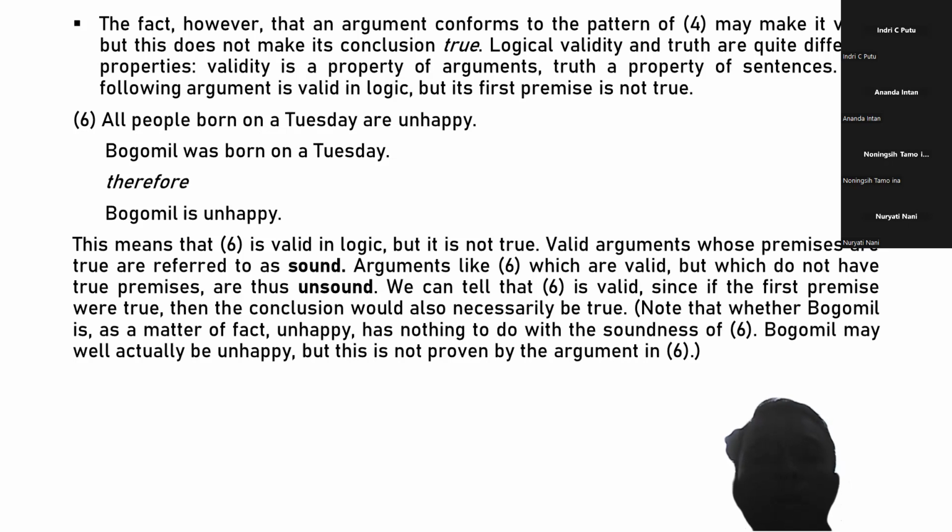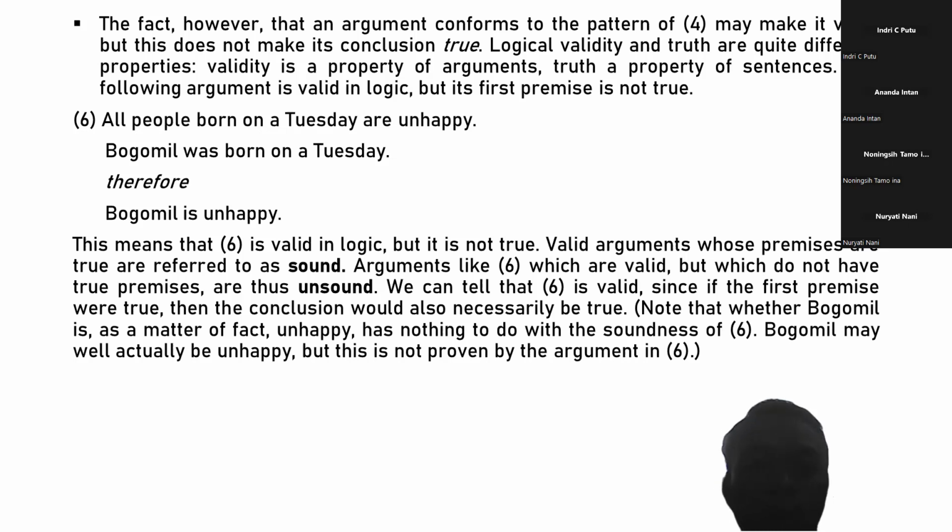You have to refer back to the definition. Validity is a property of argument, truth a property of sentences. It is valid, because it is a property of argument, but it is not true, because truth is a property of sentence.